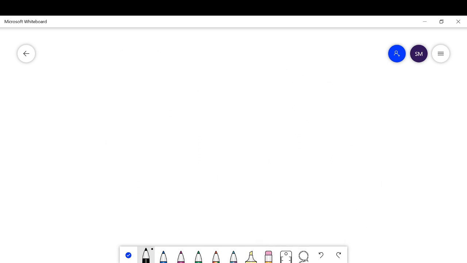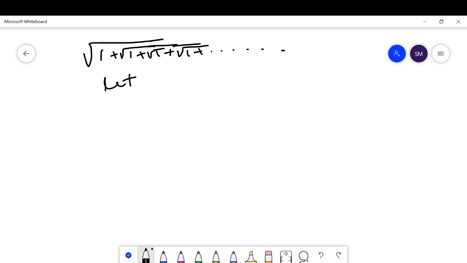Solve another higher level question. Suppose you have given 1 plus square root of 1 plus square root of 1 plus, in this way infinite. You have to find out the value, means between which numbers this lies.